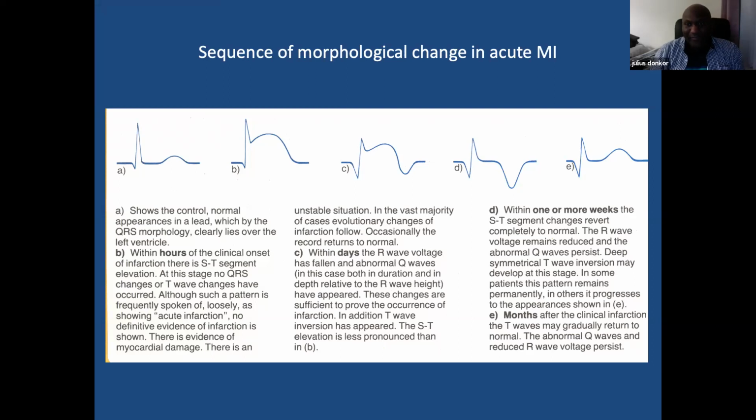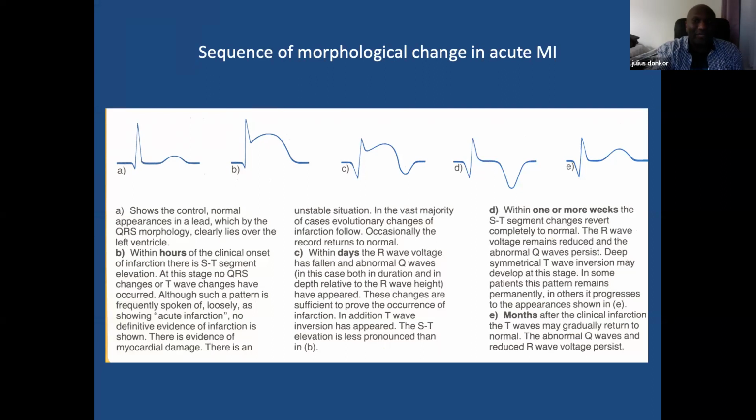And then from 1 week to 2 weeks or more, you can clearly see that the Q wave is pronounced, and the QRS is obviously smaller because there's been an infarction, there's been a scar formed, and you've got a more pronounced T wave inversion there. And then once you're talking about after two weeks to months or even a year, the Q wave remains. In most cases it might remain, and then your T wave goes back to normal. As it flips, it goes back to normal.